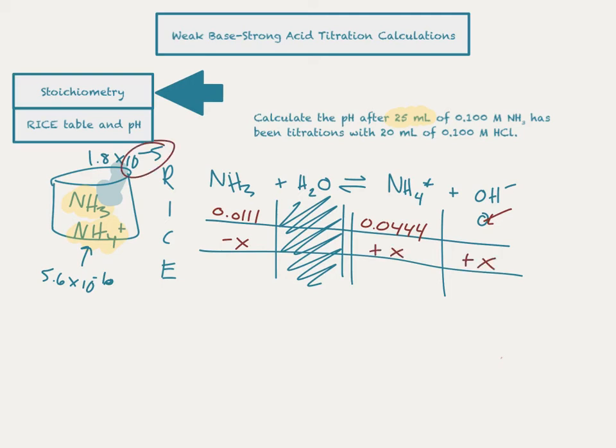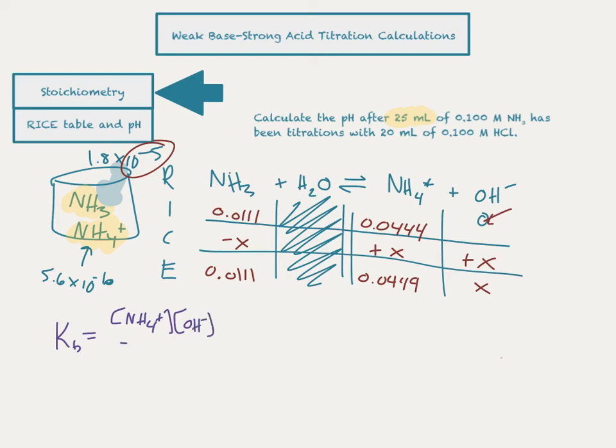Now since the K value is so small in comparison to our starting amounts, like literally 100 times smaller, we can assume that the minus x and the plus x for our larger species is going to be insignificant, though the change for my hydroxide will definitely matter. Now, let's set up the Kb expression, which should be equal to the ammonium ion on the top multiplied by the hydroxide.